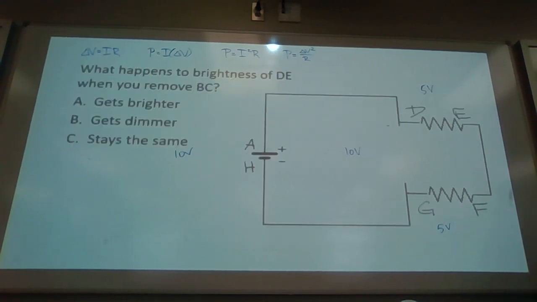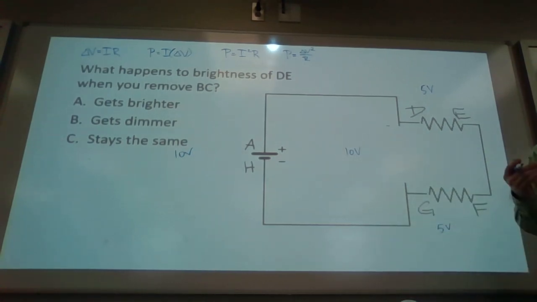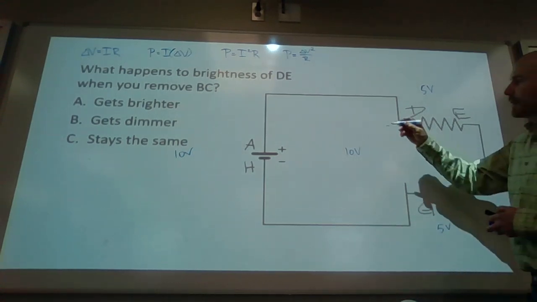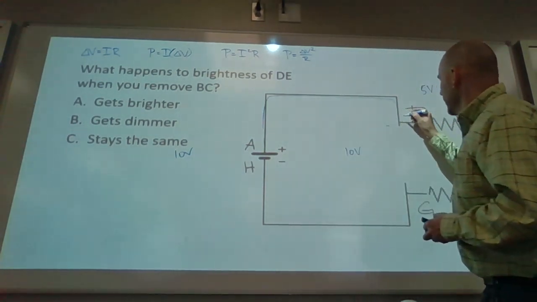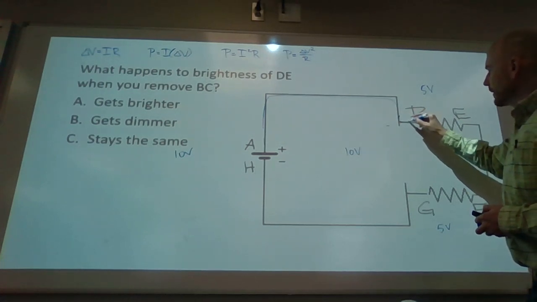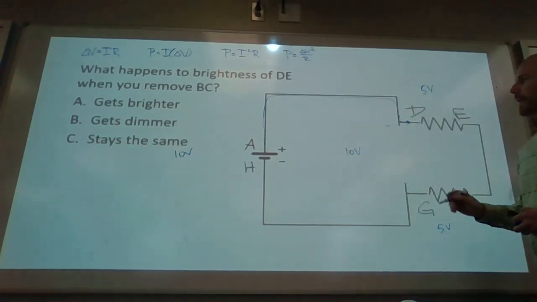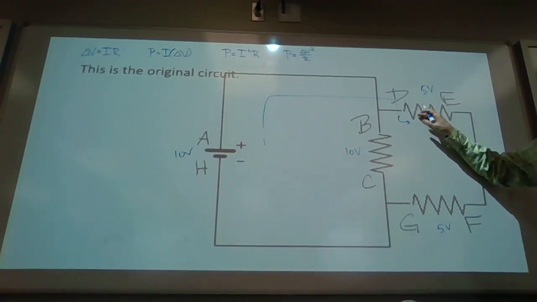When we take this away, you still have the same voltage drop across there. Where the current decreased is the amount of current that was running through this wire here. Once it hits this, it's the same as this point here.